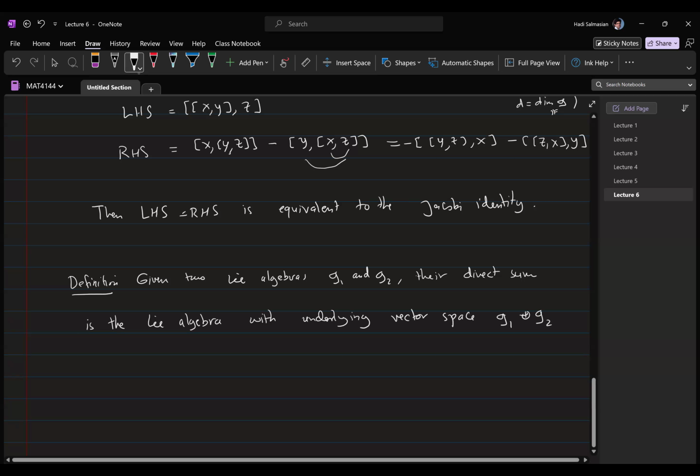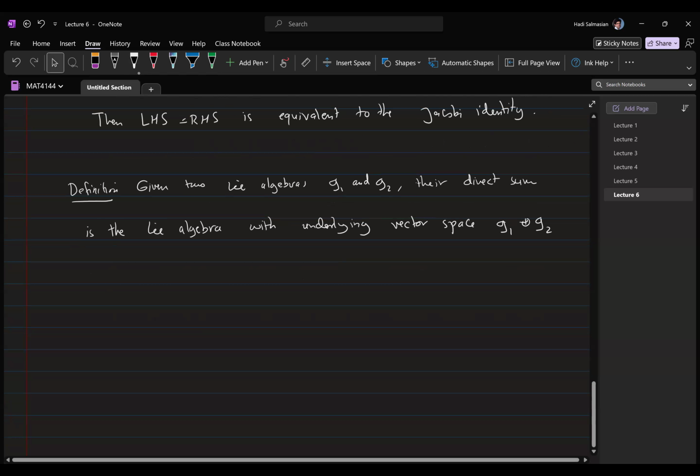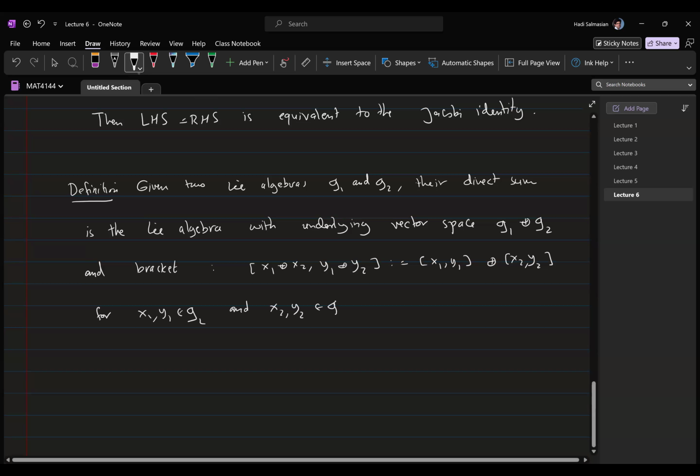So we just take the direct sum of the two vector spaces and a bracket which is obtained from the component-wise bracket. The bracket of x1 plus x2, y1 plus y2 is defined to be [x1, y1] plus [x2, y2]. This is for x1, y1 in G1 and x2, y2 in G2.